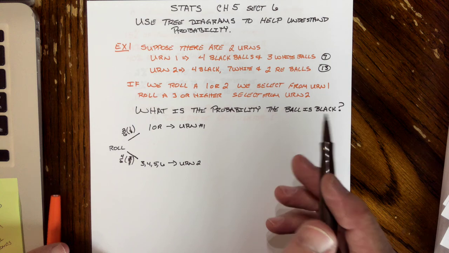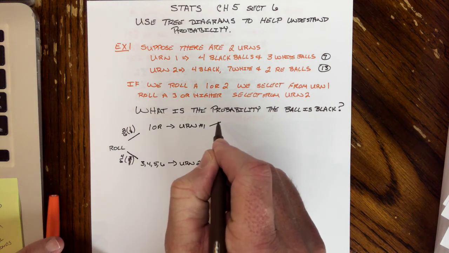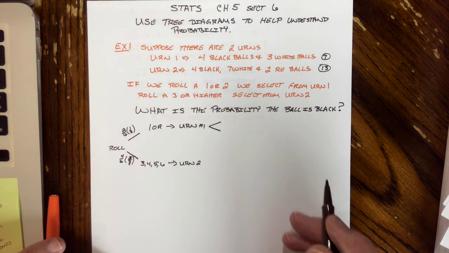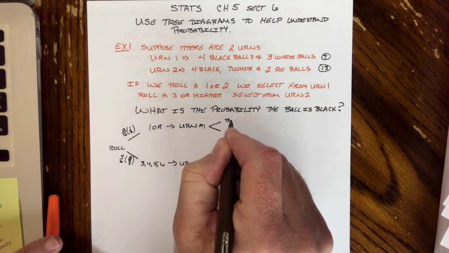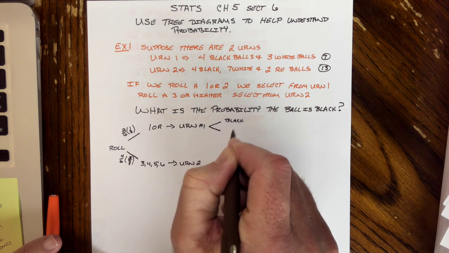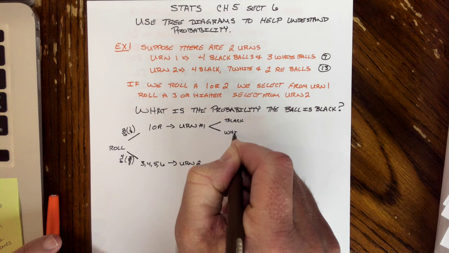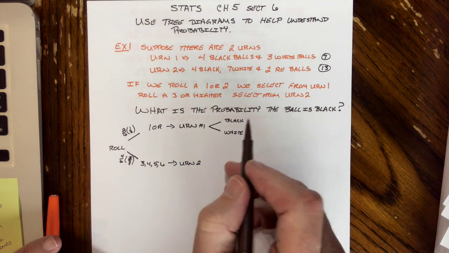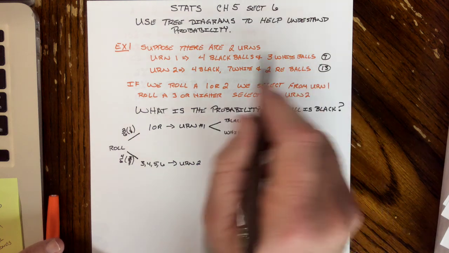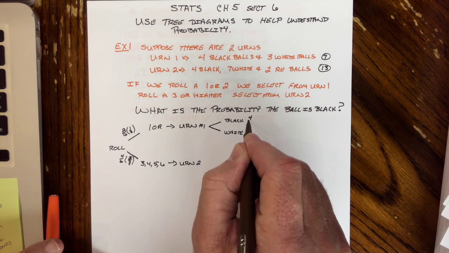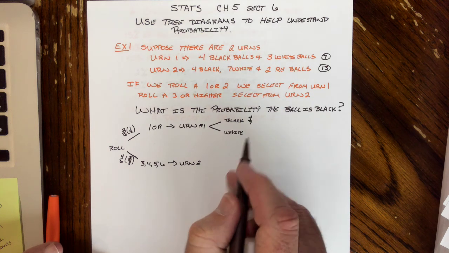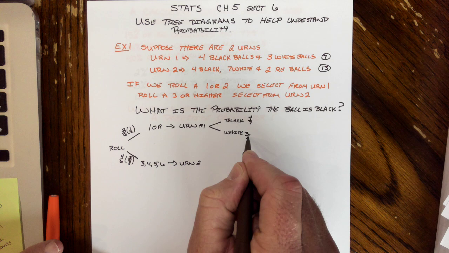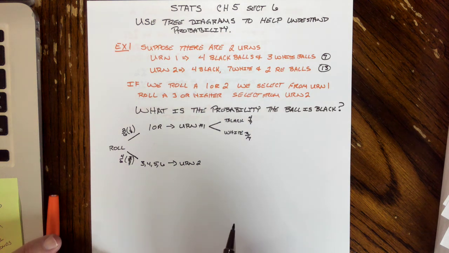Now, what happens if we go to the urns? We're looking for a black ball. So, out of urn number 1, we could either get black or we can get white. Probability of getting a black ball, well, 4 out of 7. Probability of getting a white ball, 3 out of 7.